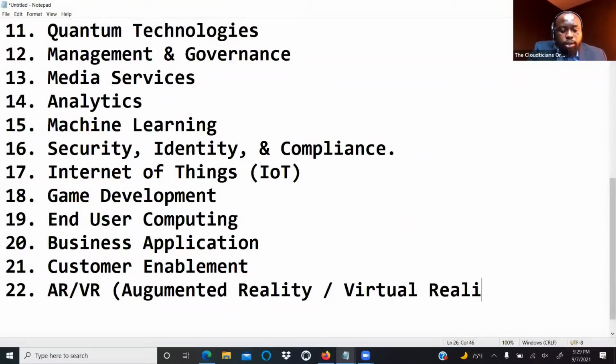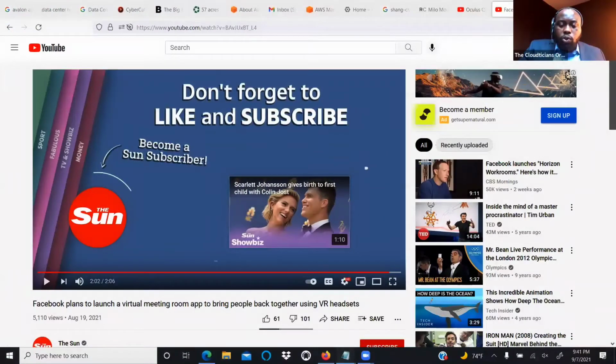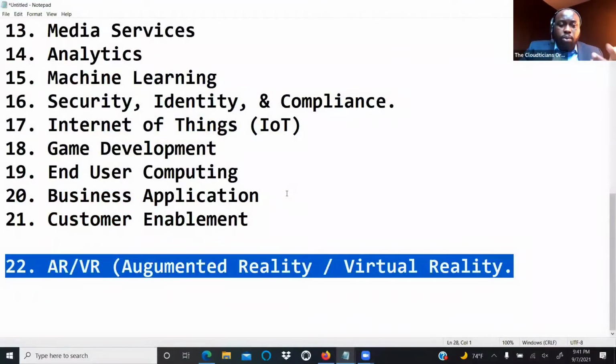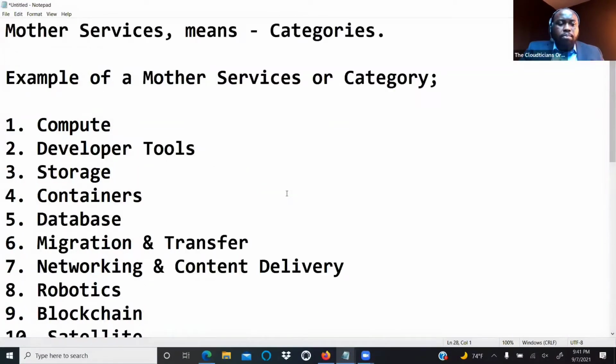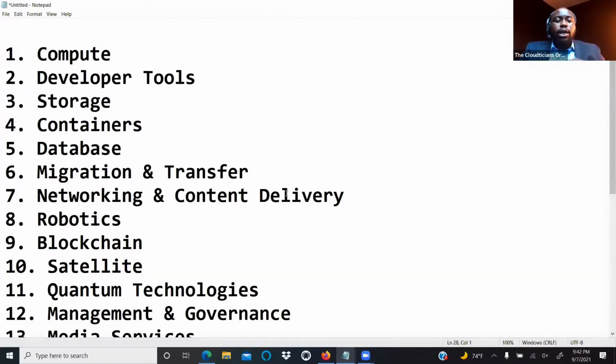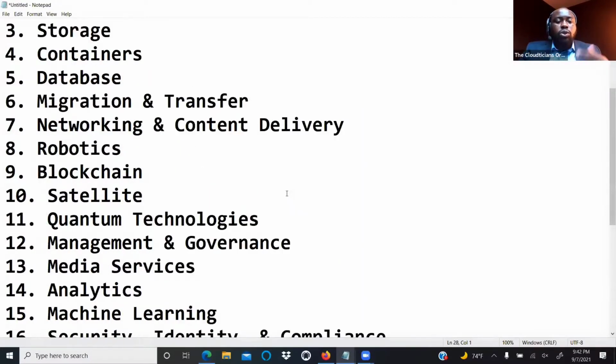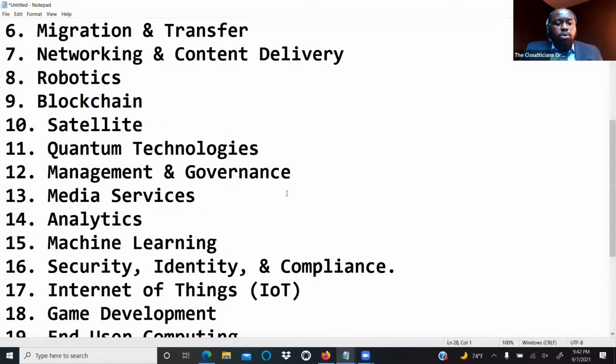If you look at this so far, there's much more than this in AWS, but the modern services that AWS has in their console right now are compute, developer tools, storage, containers, migration and transfer, network and content delivery, robotics, blockchain, satellite, quantum technologies.